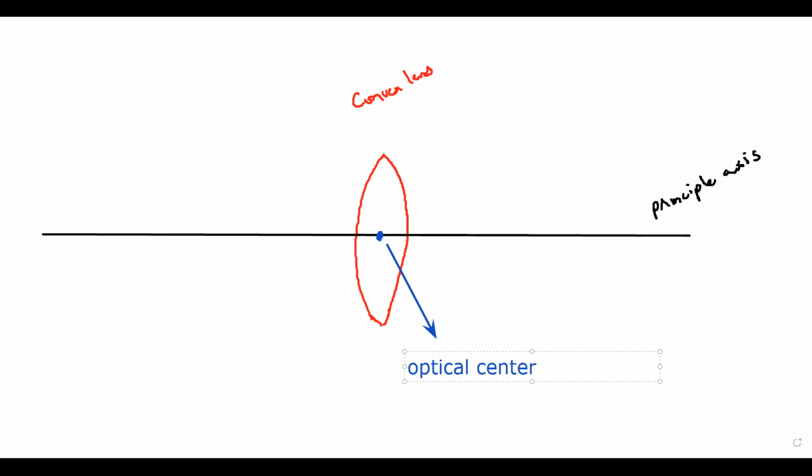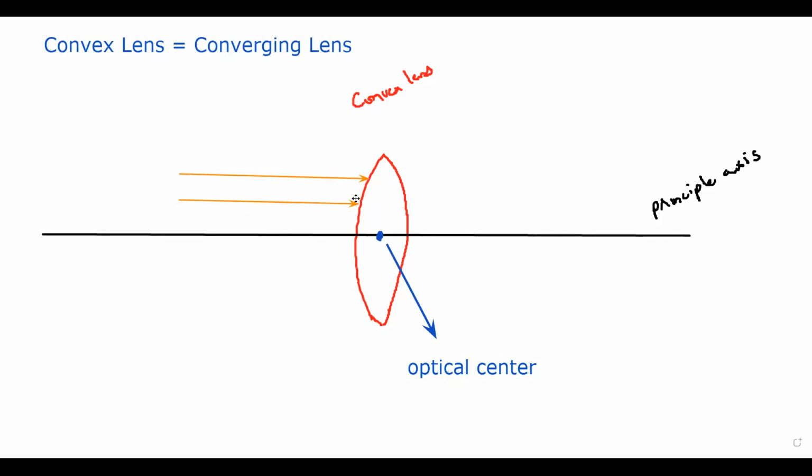Then convex lenses are also known as converging lenses. So why are convex lenses known as converging lenses? Because when the light rays are passing parallel from one side of a convex lens, when they pass through the lens, what will we observe?